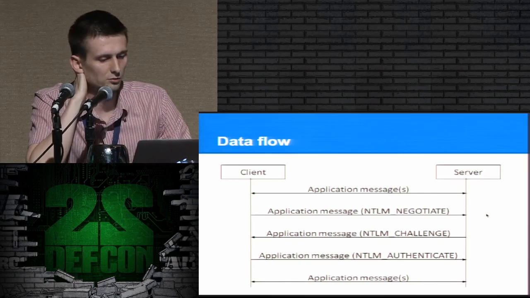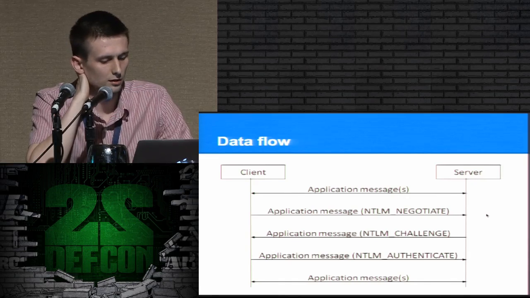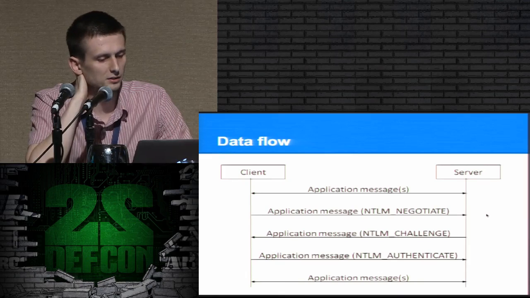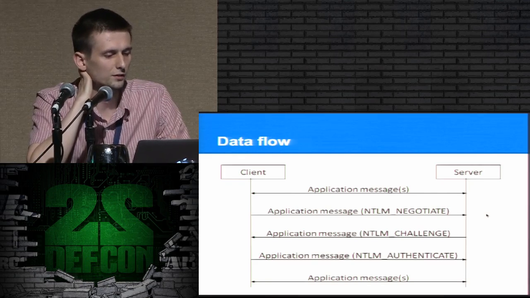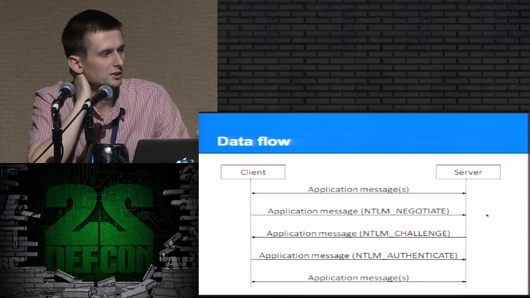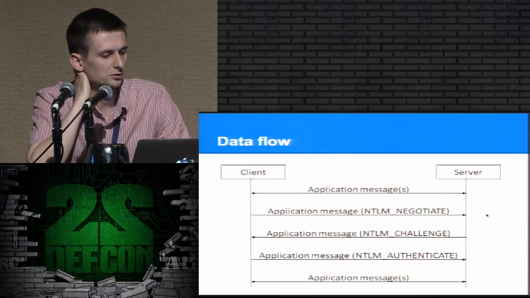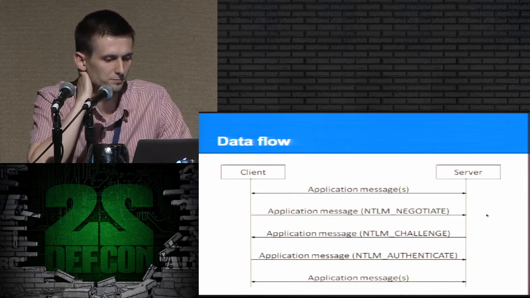It will exchange some messages on initiation, and anyway, the client should generate a message called NTLM negotiate and send it to the server. The main advantage of the SSPI interface is that the client application shouldn't know anything about what NTLM negotiate is. It just tells SSPI, please generate me that type of message, and then the client just gets it from a buffer and sends it to the server without any modification.